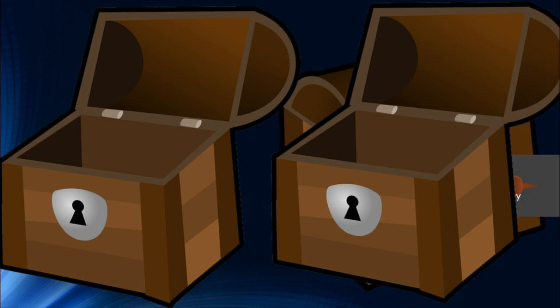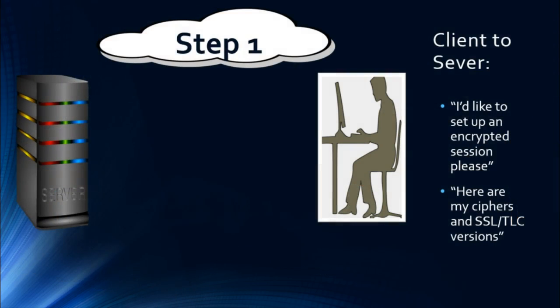So let's look at how this process occurs when you connect to a secure website. So here we go. You want to set up a connection with this secure server. So you send a packet that goes to the server, and it says, I'd like to set up an encrypted session.